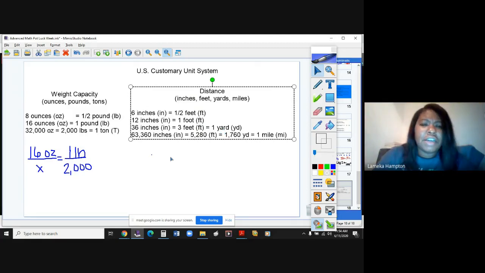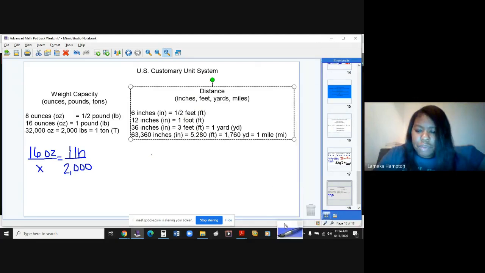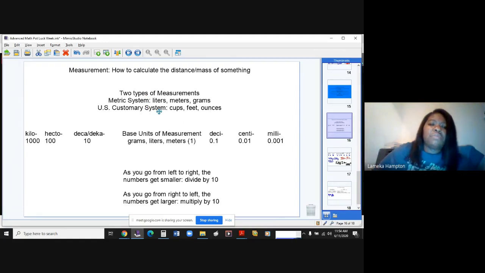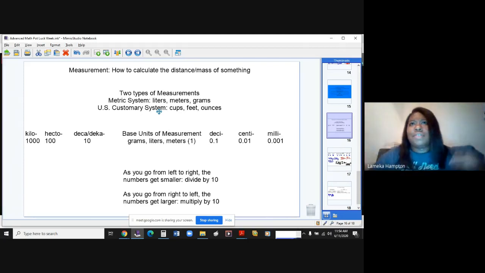Okay, so again, remember there are two types of measurement systems: the metric system and the U.S. customary system. Now, of course, the U.S.A. is the only one that deals with cups, feet, ounces, all of that good stuff. Everybody else deals with meters, liters, and grams. I don't know why.